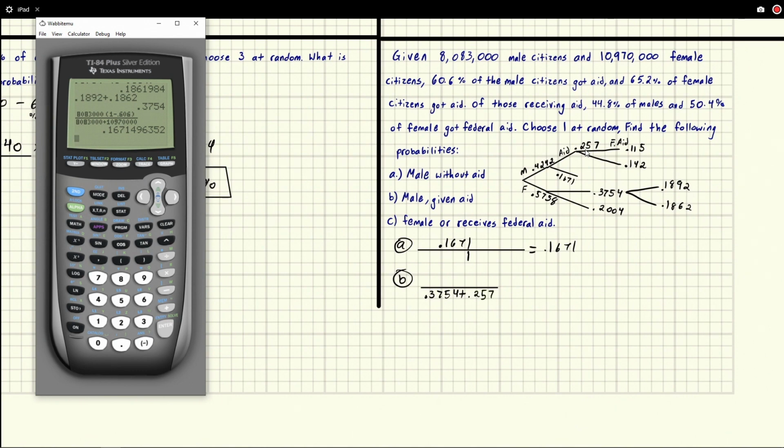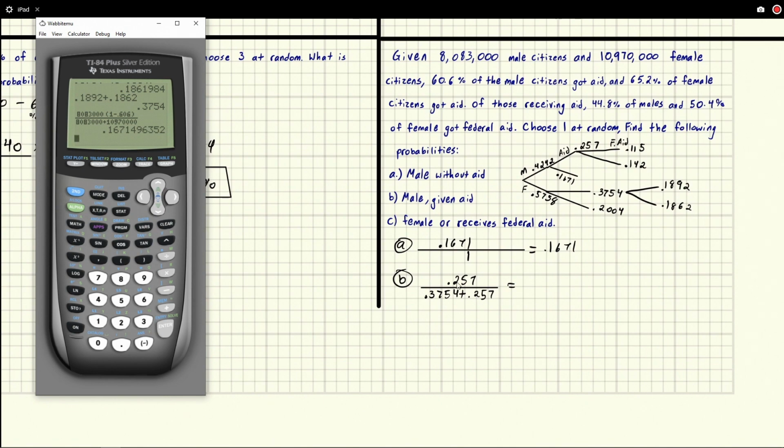These ones got aid, right? That's our assumption. So that makes this our sample size. These didn't get aid, and these didn't get aid. Only these did. And then we want male given aid. Well, the ones that were male and that got aid, this was 0.257. So when we do this, we're going to get our answer.